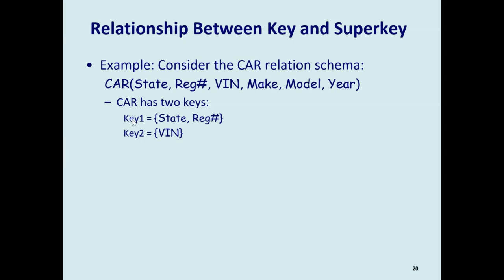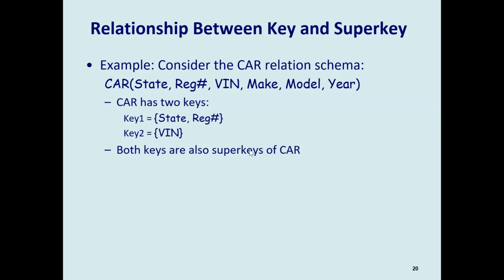When you have a key like key one that contains more than one attribute, you have to make sure that both attributes are needed in order to satisfy the uniqueness. In other words, a composite key must satisfy the minimality constraint. A single attribute key by default satisfies the minimality constraint, but a composite one does not, so you have to make sure that the composite is also minimal.